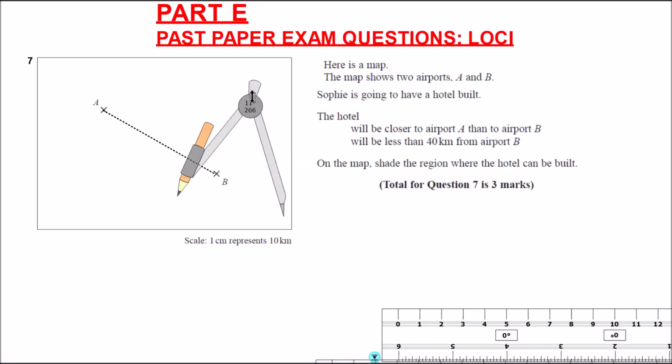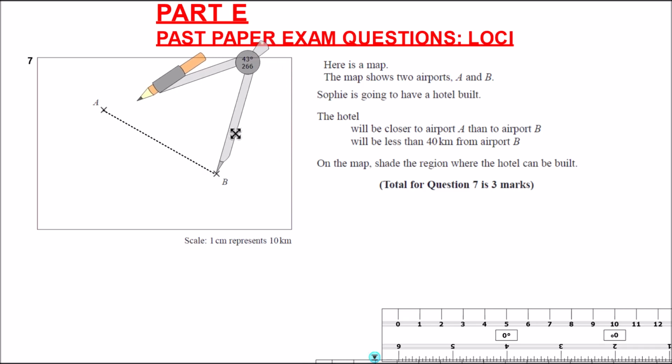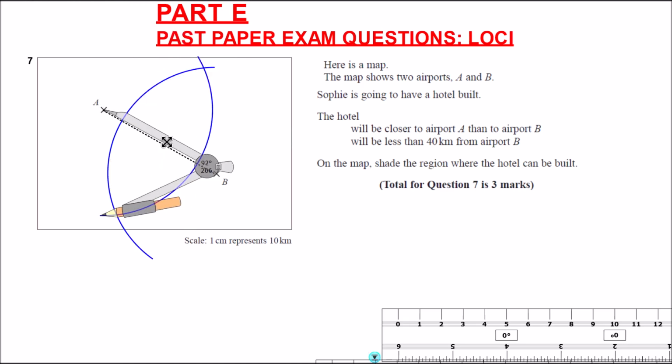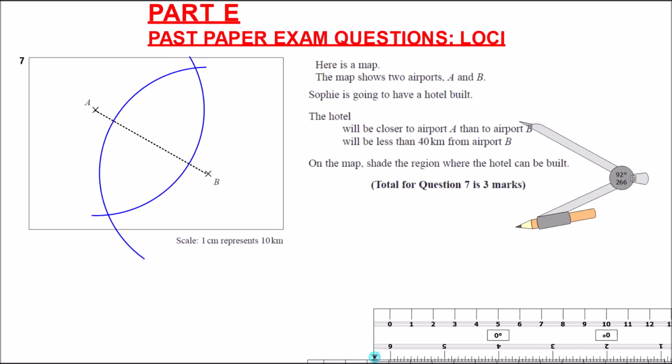So first of all, put the compass needle on one end of the line. Let's say we can start with B. And a big curve above and below B. And swap sides and do exactly the same thing at A, a big curve above and below A. The curves need to cross at 2 points, and where these curves cross, we do a straight line with ruler between these crossing parts here, like so.